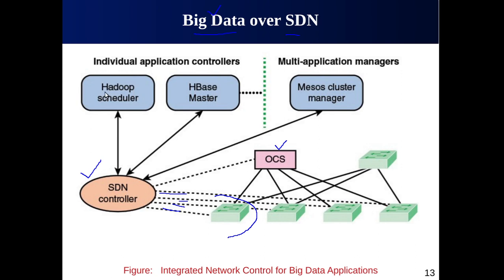For example, we have Hadoop. You can see that the SDN controller in this case is not only connected to the switches but also to a new component, the Hadoop scheduler. Actually, it forms queues of jobs to be scheduled.